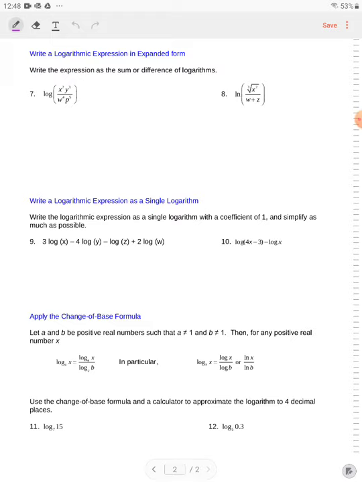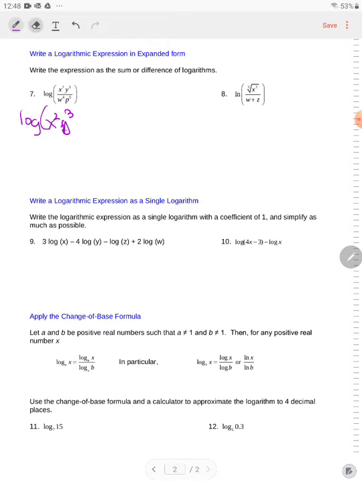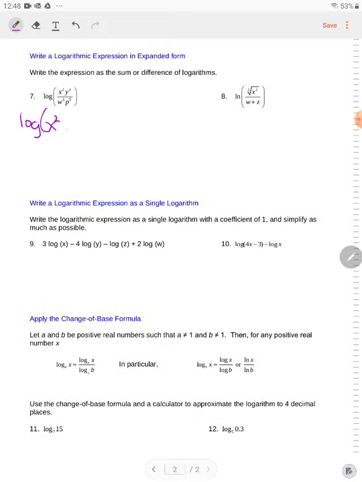So number 7, this is log of x squared y to the third minus log of w to the fourth p to the fifth.